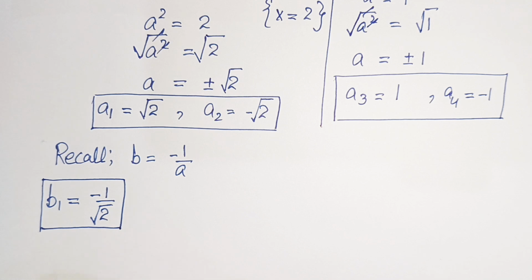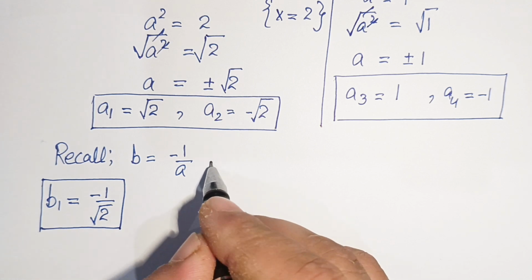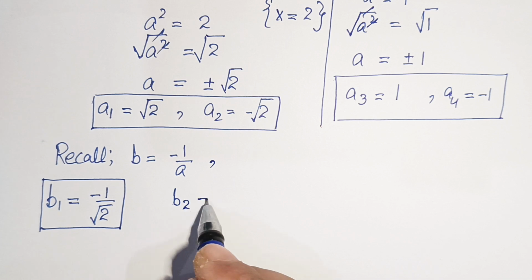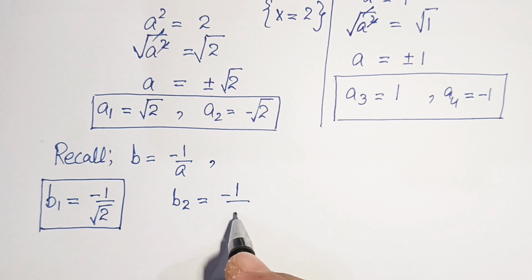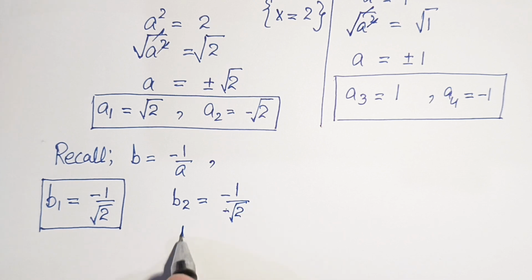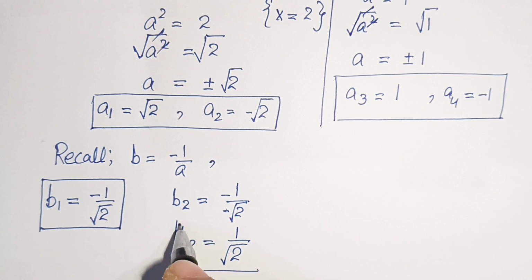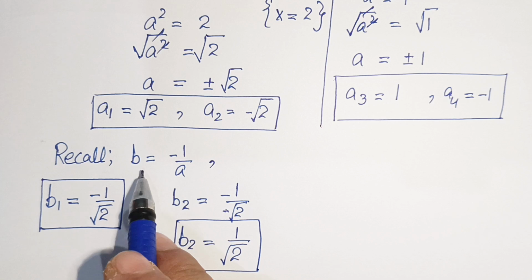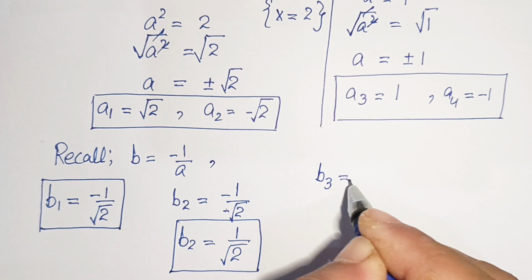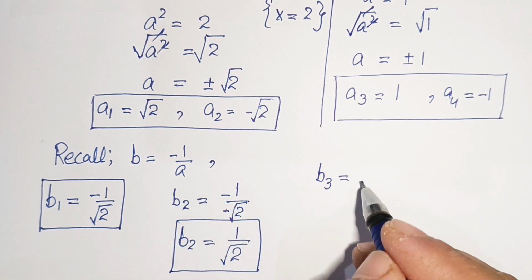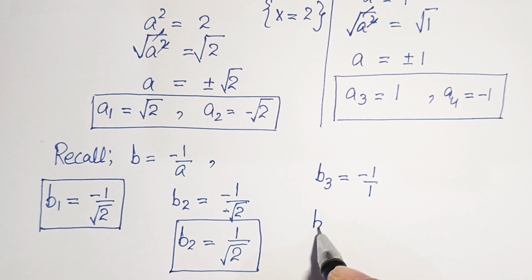Now for the value of b2, we write minus 1 over the value of a2, which is minus square root of 2. Here minus times minus is plus, so we get b2 is equal to 1 over square root of 2. Now b is equal to minus 1 over a, putting the value of a3, which is 1, so minus 1 over 1, then we get b3 is equal to minus 1.